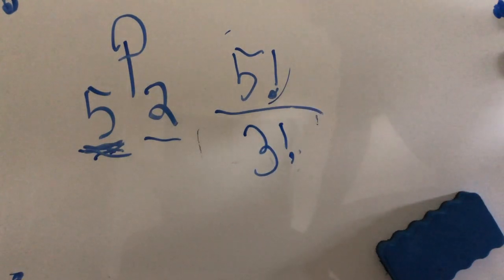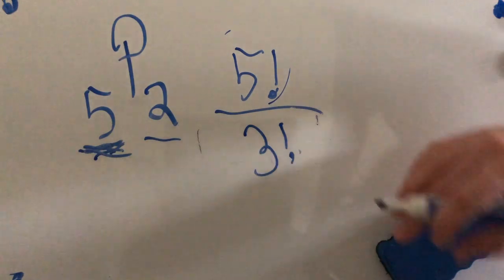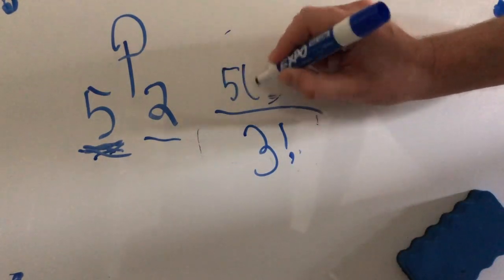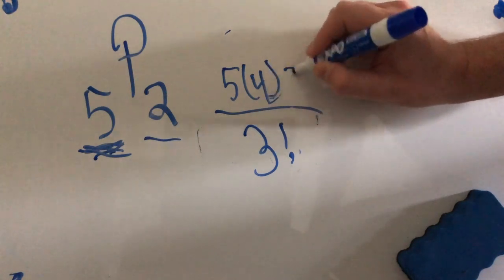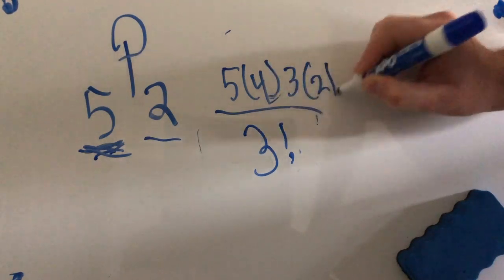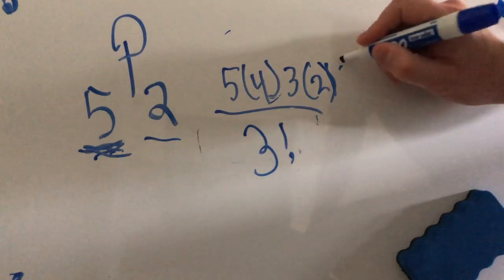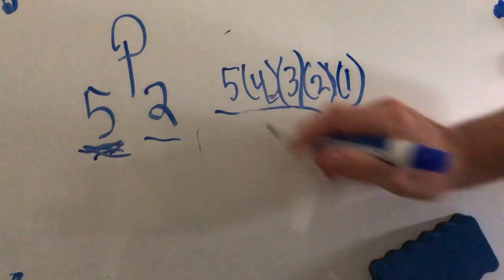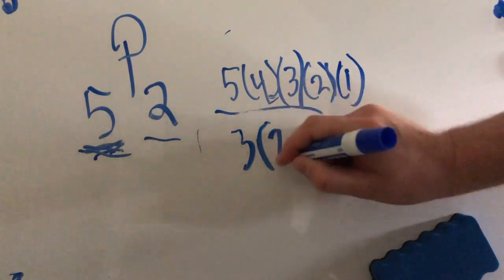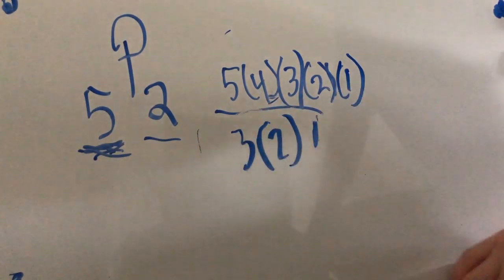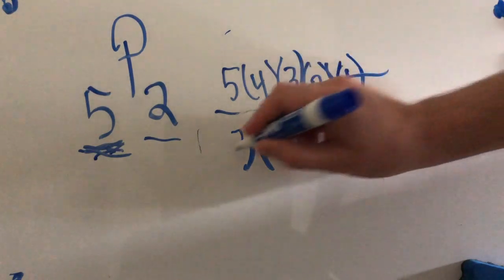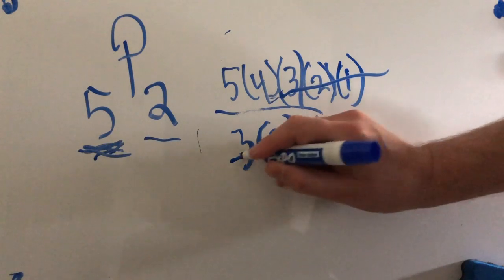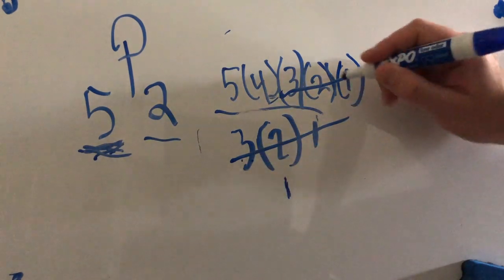Now I separate them all out. So 5 times 4 times 3 times 2 times 1, and this one would be 3 times 2 times 1. 3 times 2 times 1 cancel. And because they're canceling, what does this turn into? This just turns into a 1, right?